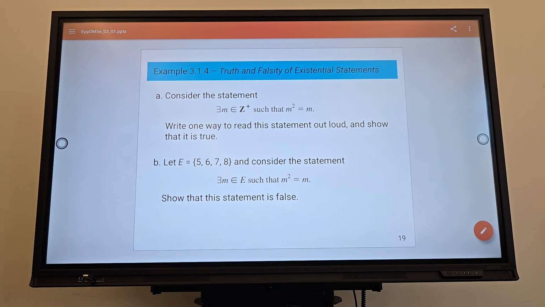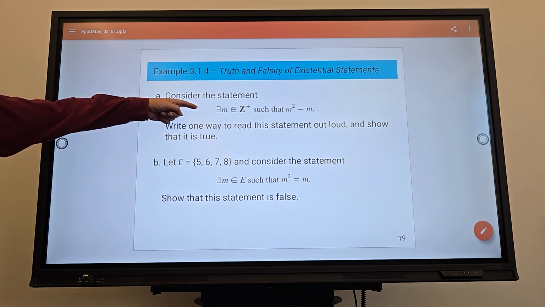There exists a number m that's an element of the positive integers such that m squared equals m. Yeah, 1. That's all you need to show, is one example of it being true, and then therefore the whole statement is true.